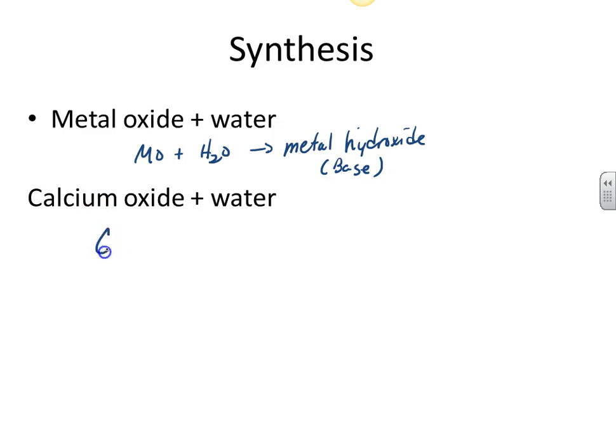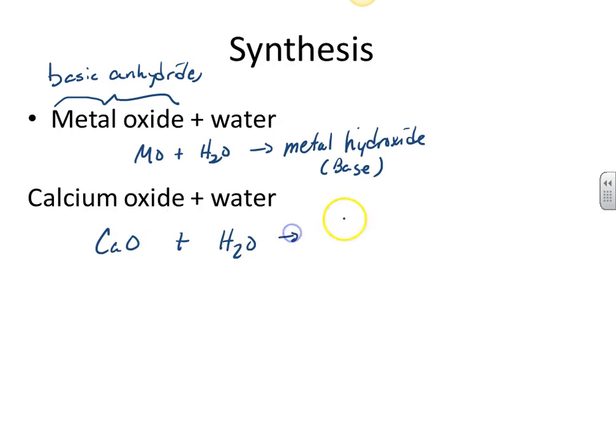So if we have calcium oxide plus water, these metal oxides, by the way, are sometimes called basic anhydrides, which just means a base without hydrogen. So we put these together and we're going to make calcium hydroxide, Ca(OH)2, and it's balanced.